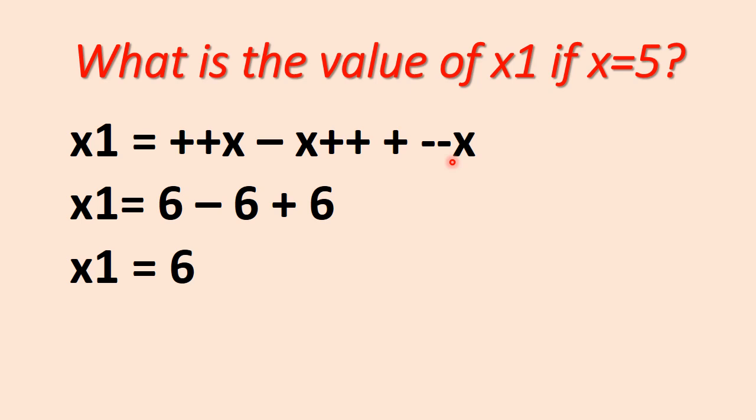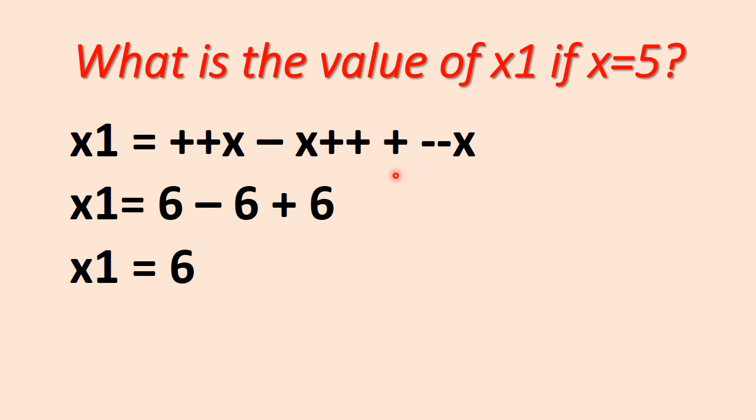--x. Now what is the value of x? Now the value of x after this increment is 7. But here we are using the prefix operator. Prefix means first it will decrease the value by 1. What is the current value of x? 7. So first it will decrease the value, 7 minus 1, 6, and then it will use it.